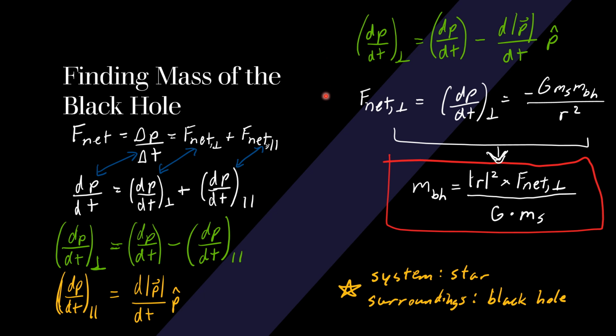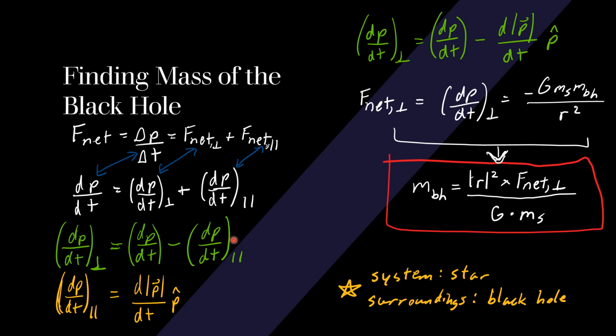So to find the mass of our black hole, I first set our net force equal to delta P over delta T, and then split that up into its perpendicular and parallel components. Now, if we want to find our perpendicular dP over dt, we can set that up as shown in this green equation, and then substitute the dP dt in the parallel direction for this shown here at the bottom.